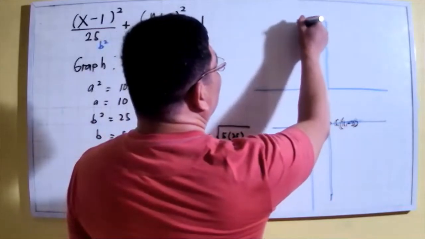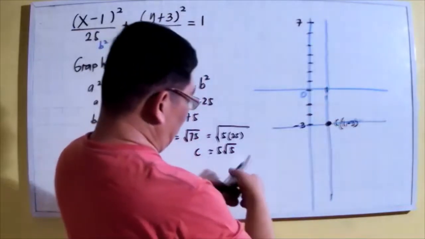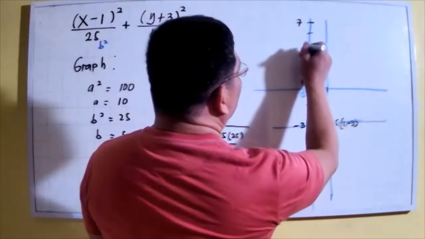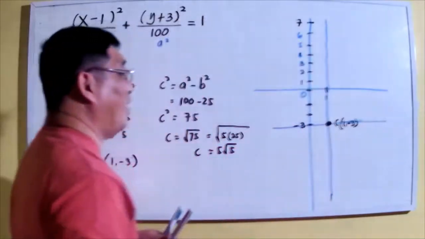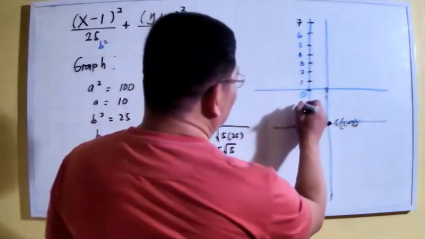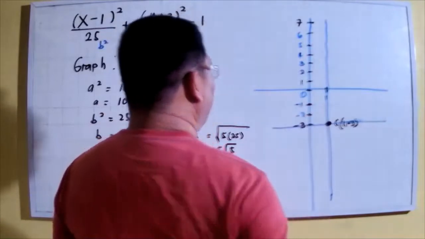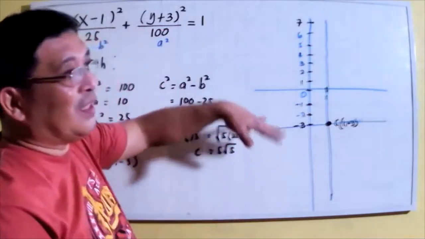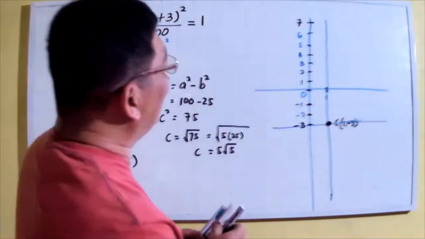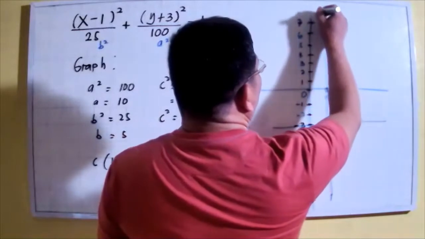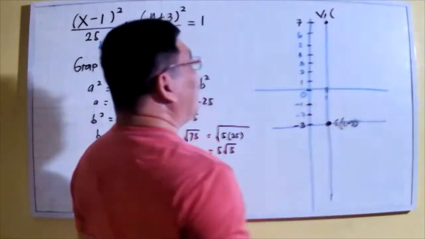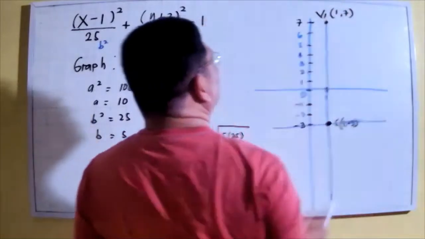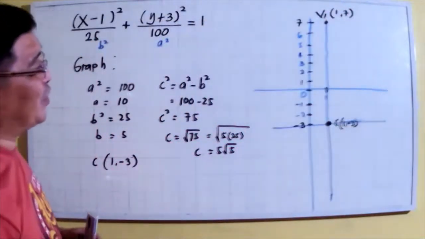We have positive 7. Dahil alam natin na 10 papunta sa taas yan, that will be the vertex 1 or V1 with coordinates (1, 7). Meron na tayong vertex 1.